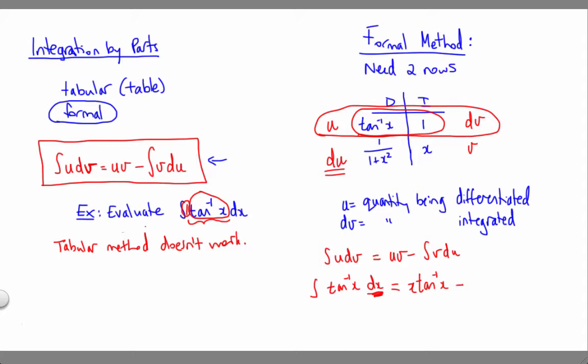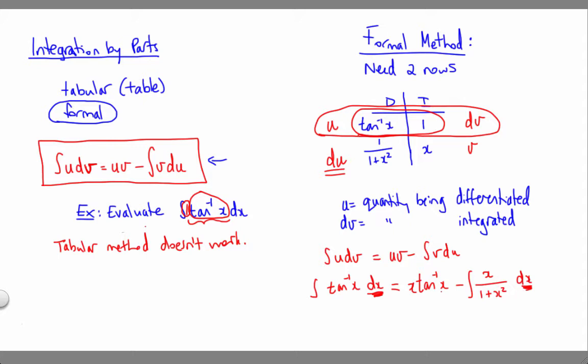So we'll write it that way. And then we'll subtract off the integral of v du. Multiplying v and du together, we're just getting a fraction, x over 1 plus x squared. And again, with this discussion about the notation, remember in the table, technically we're being a little loose with the notation here. We don't have a dx in here, but when we write down the integral, let's try to observe the notation correctly. So we want to put a dx on the end there.